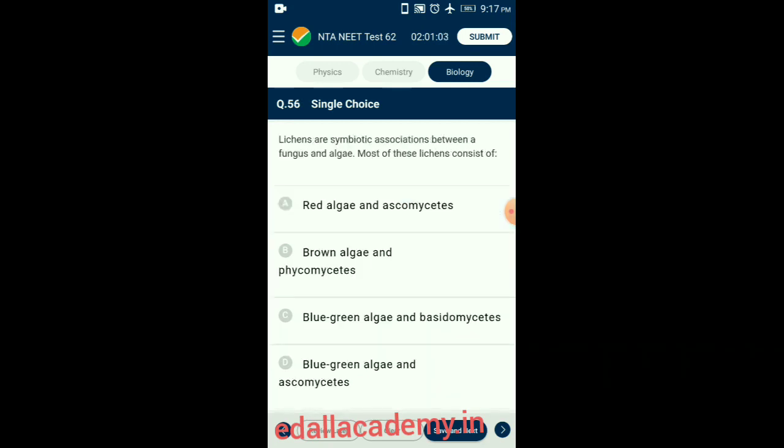Question number 56. Lichens are symbiotic associations between a fungus and algae. Most of these lichens consist of. The lichen fungus is typically a member of the Ascomycota, rarely a member of Basidiomycota. The algal or cyanobacterial cells are photosynthetic and, as in higher plants, they reduce atmospheric carbon dioxide into organic carbon sugars to feed both symbionts.